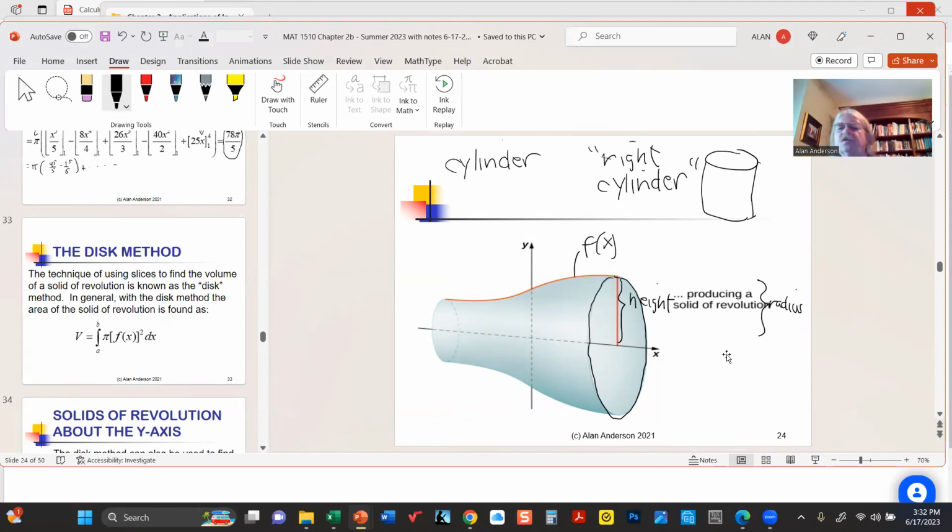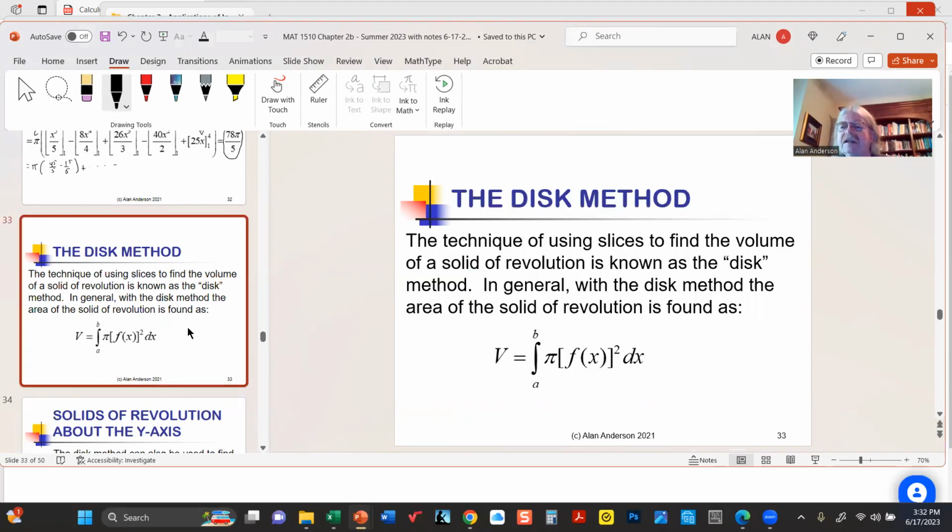So the technique that we just learned can be summarized in a nutshell. When you look at it like this, you can see it's very straightforward. This is the so-called disk method. We're slicing the solid into a bunch of disks. Okay, so in other words, this is a circle. You show the width of this thing.